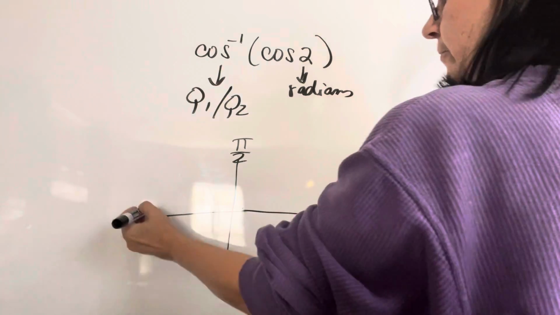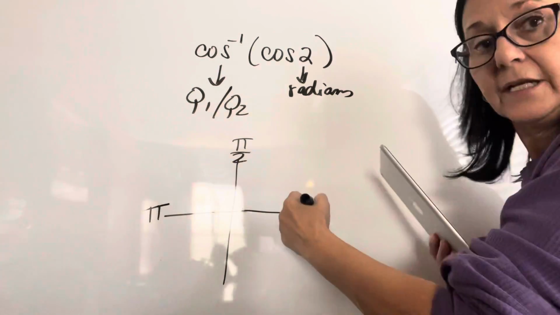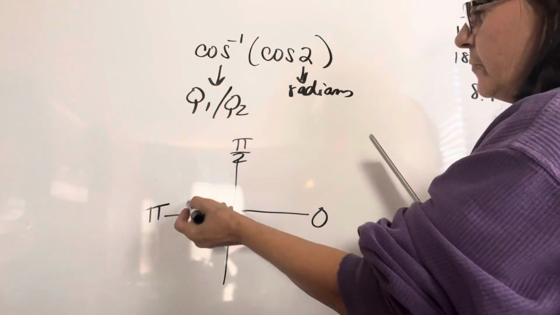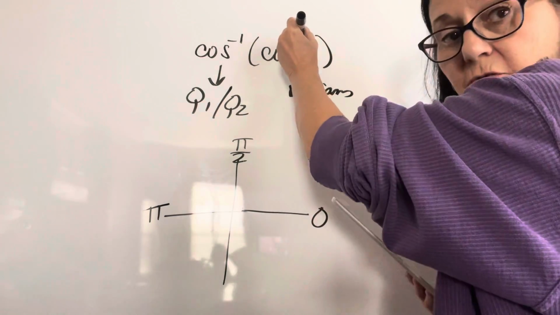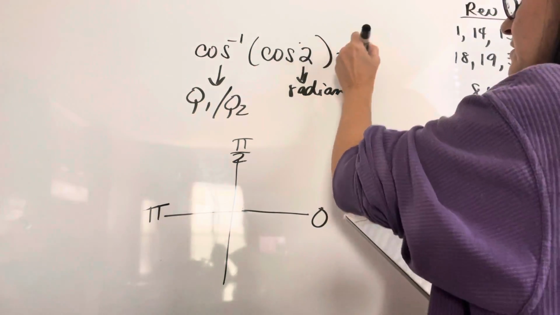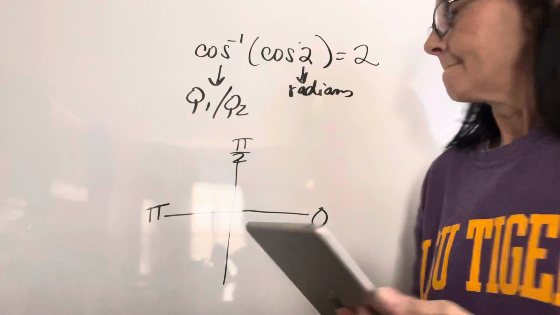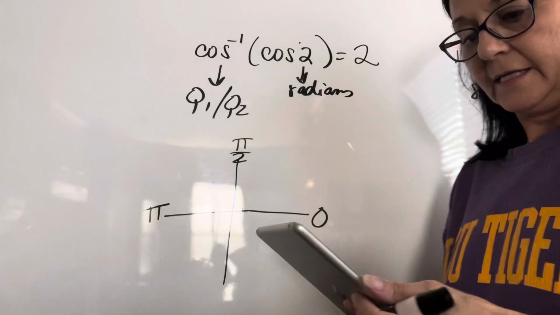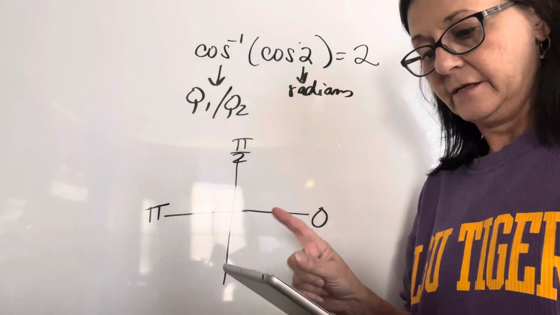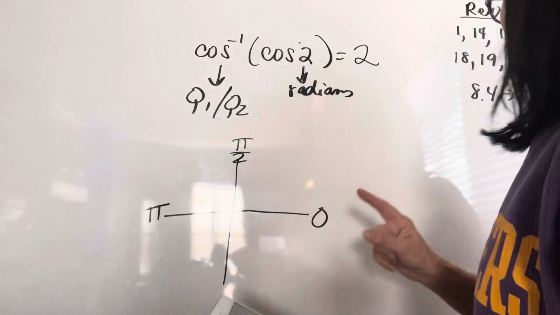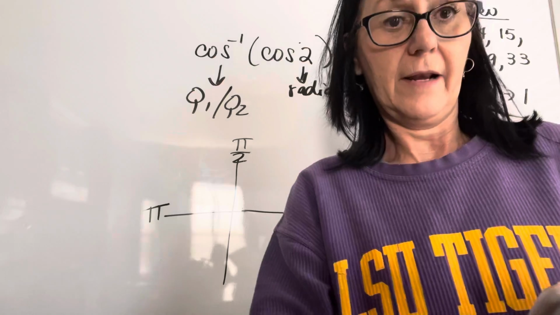Quadrant 1 and 2 is any number between 0 and pi. Pi is 3.14. 2 is between 0 and 3.14. So the answer is that. Number 18, you do not have to know, nor number 19.